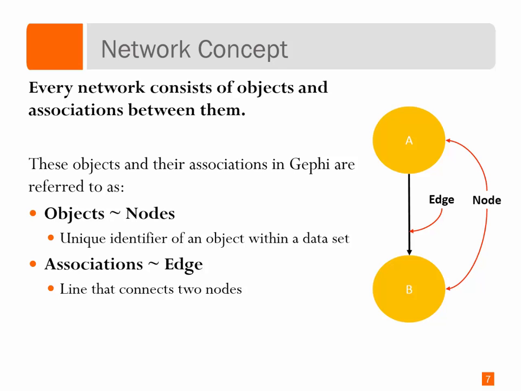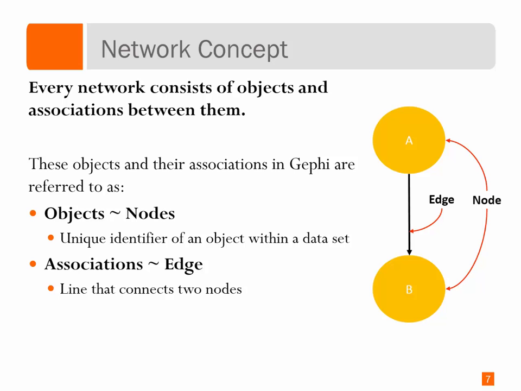As we've described before, these are unique identifiers of an object within a data set. So there's some type of object we're describing. It could be people, boards of directors, classmates, the transportation that they use, or diseases. You've seen a few examples of how we might represent objects or nodes.